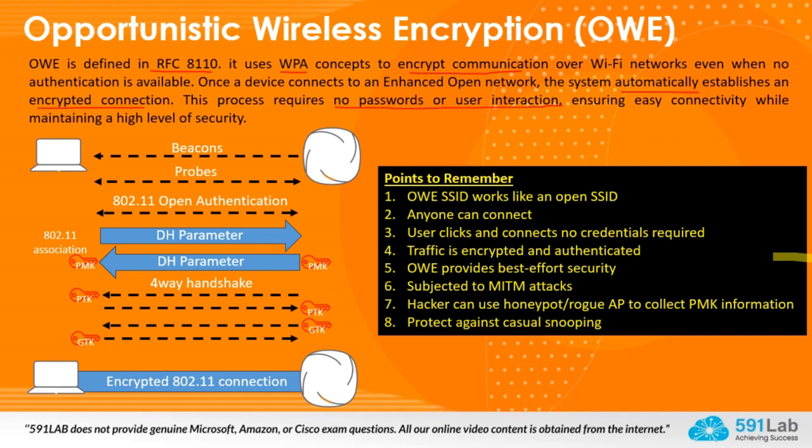Now let's look at the process of OWE. AP beacons for an OWE WLAN indicate that it supports OWE. The station connects to the WLAN. It passes through the open system authentication.